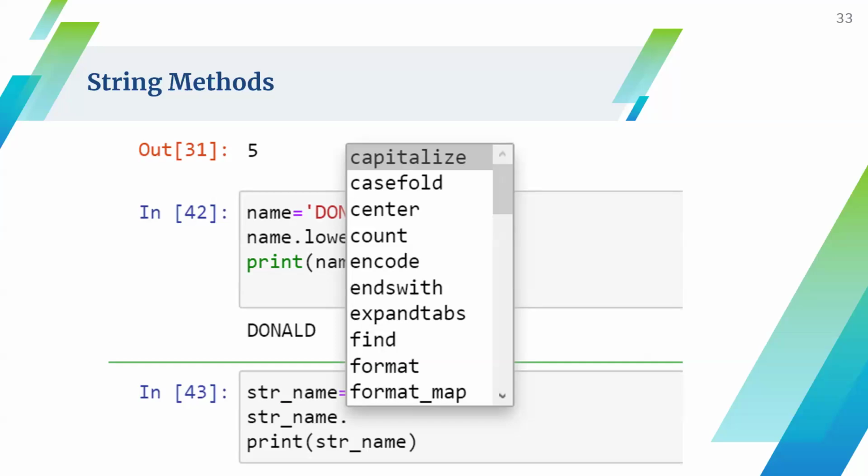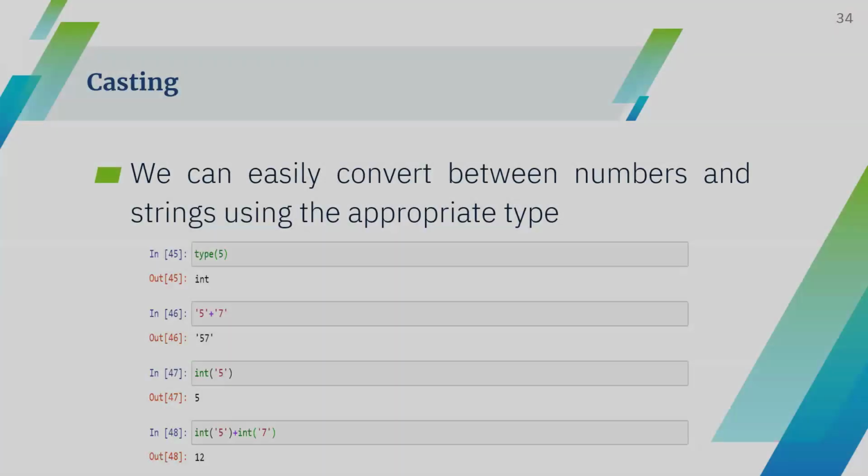I want to convert from higher to lower, right? So it will show a menu like this. From there, you can select lower, upper. So likewise, a lot of methods, functions will be shown here, and you can make use of it here. These are called string methods. I can say string underscore name dot, then we're going to display the menu here. From there, you can select. So likewise, we have different methods here.